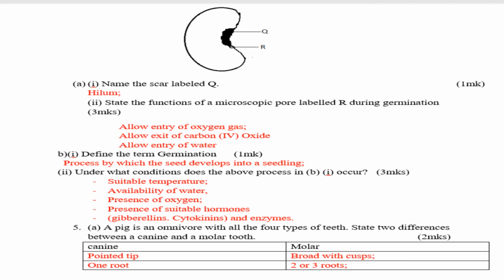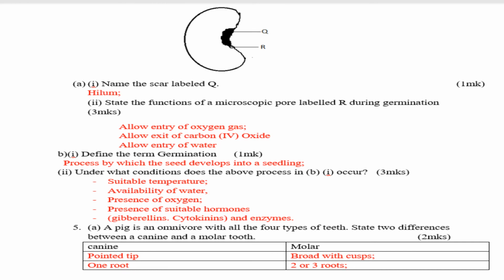Question number 5. You are told a pig is an omnivore with all the 4 types of teeth. State 2 differences between a canine and a molar tooth. Let us read the question again.